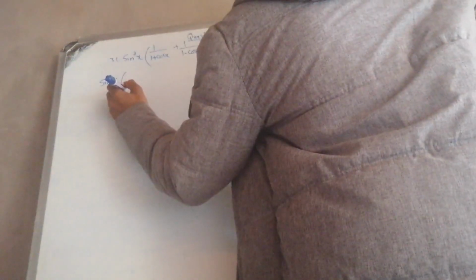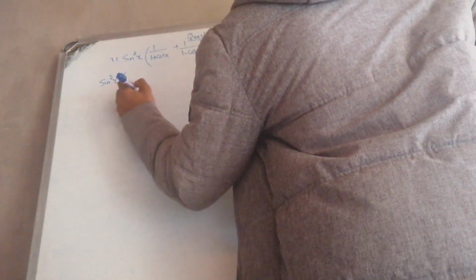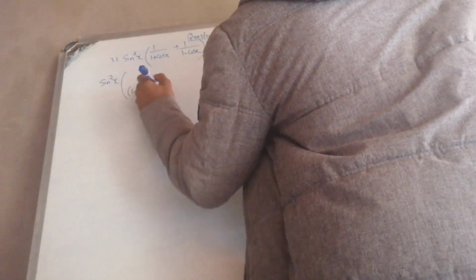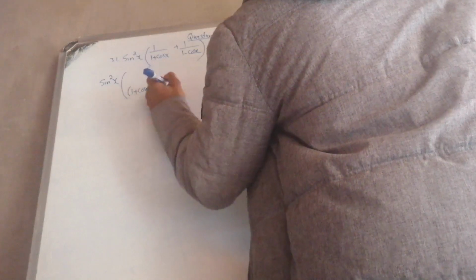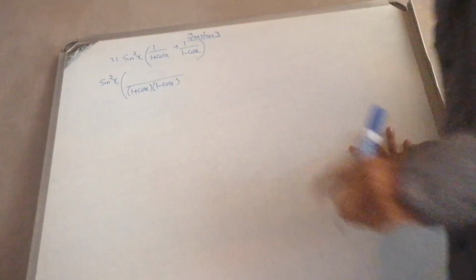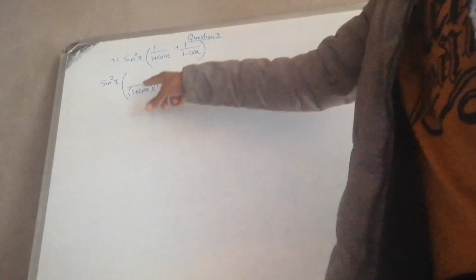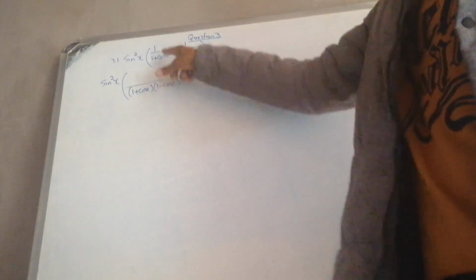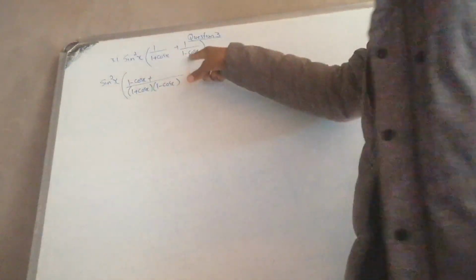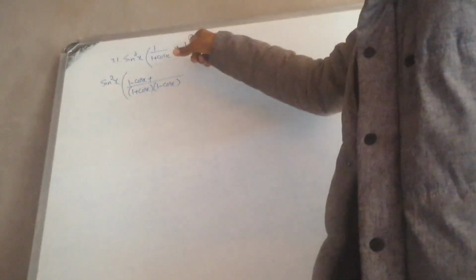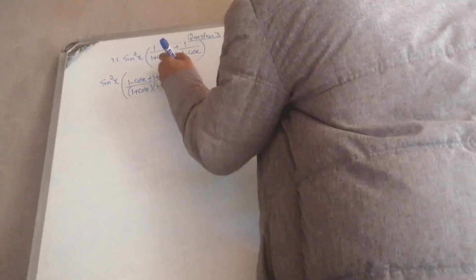So you would have your LCD as 1 plus cos x, 1 minus cos x. And then you would say this into this goes once, this times 1, it's 1 minus cos x. Addition sign, this into this goes once, this times this, it's 1 plus cos x. And this is what you will have.